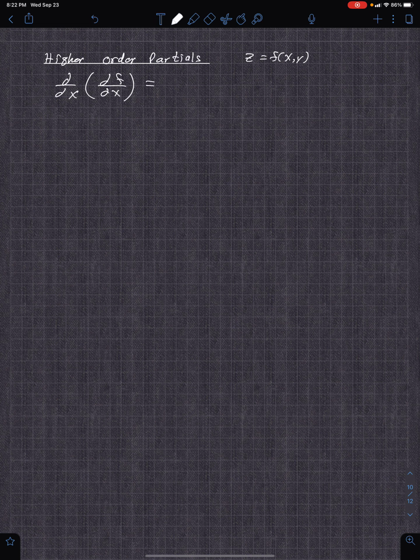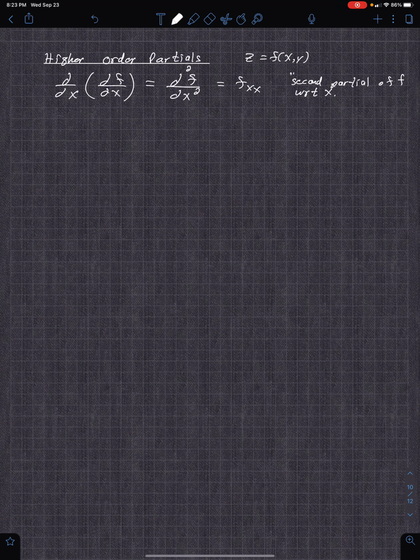Then basically what that means is, this is the same notation as the d notation, partial squared f with respect to x squared, or you could write partial xx like that. So that's the second partial of f with respect to x.